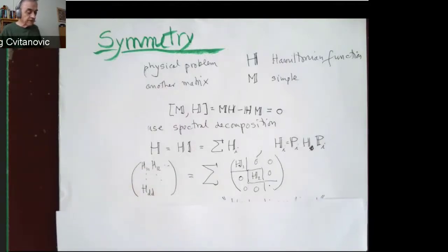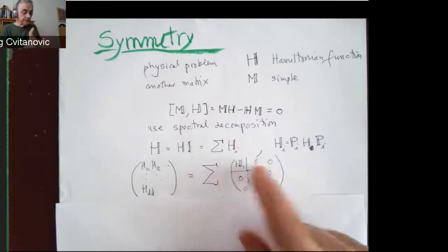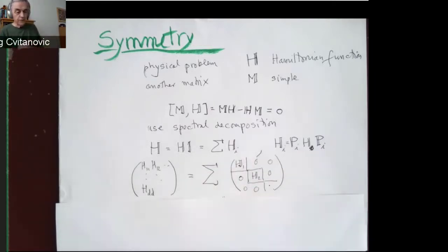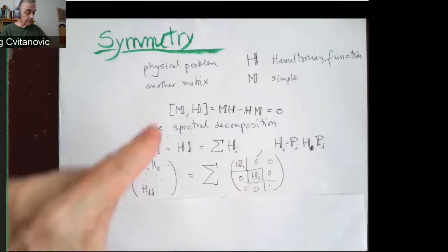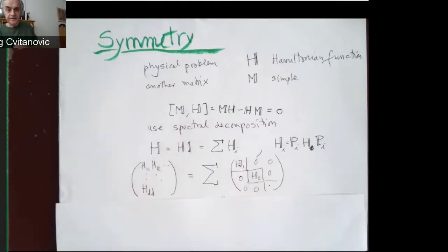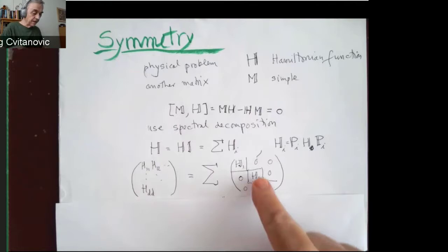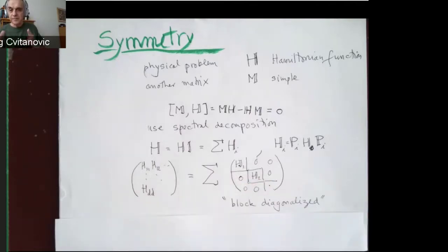But now we write it as a sum of blocks, where it's a small matrix in a first block corresponding to the first eigenvalue of this other matrix M. Second block, the eigenvalues of the simple matrix, let's say symmetry matrix M, block diagonalize the big thing. So instead of having calculations with d-square elements, we have a smaller calculation in each block.